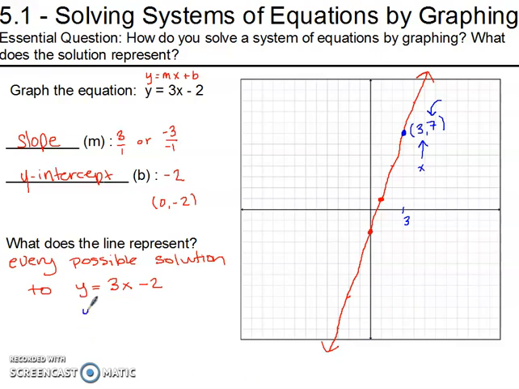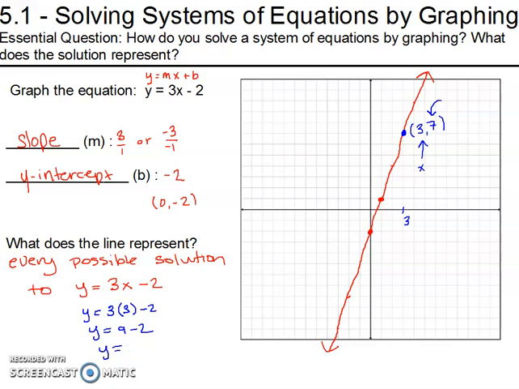So I've got y equal to 3 times my x value, which is 3, minus 2. y equals 9 minus 2. y is 7. So that does in fact work out. When I put in an x value of 3, I got out a y value of 7.